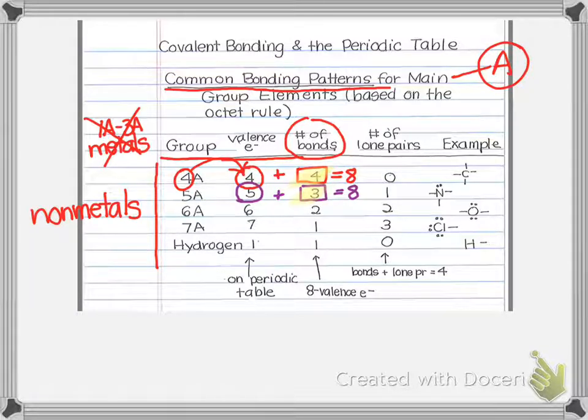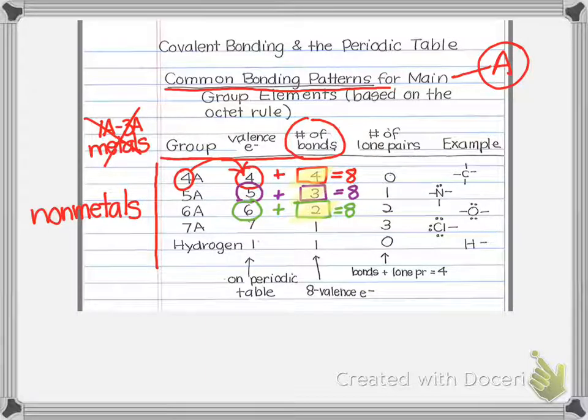Now, if you keep following this pattern, just think it through with me. If I have 6 valence electrons, like oxygen in group 6A, I would need 2 more electrons to make 8. So things like oxygen like to form 2 bonds.